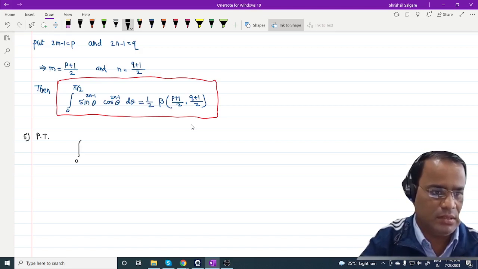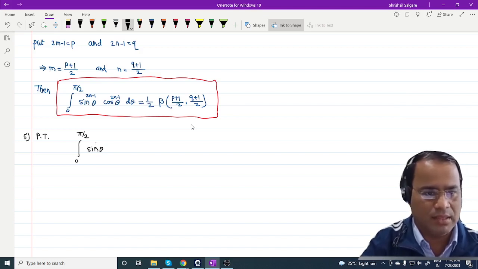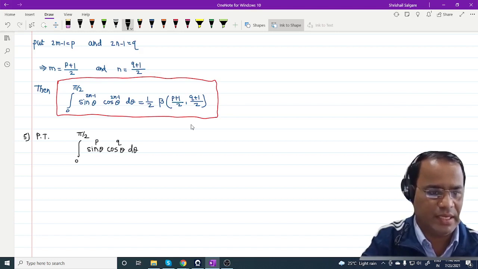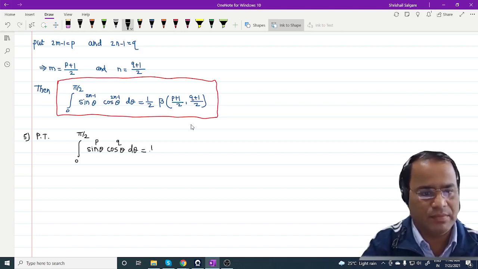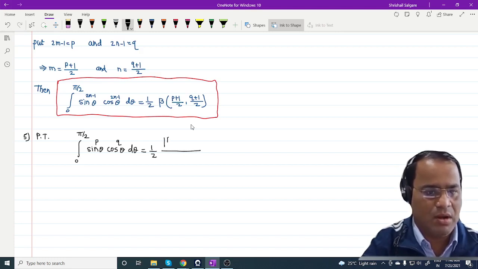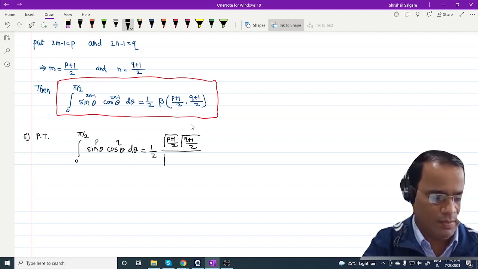It is 1 by 2 into gamma of (p plus 1) divided by 2 gamma of (q plus 1) divided by 2, the whole divided by gamma of (p plus q plus 2) divided by 2. Something I wrote wrong in the earlier case. Can anyone identify what I wrote wrong?